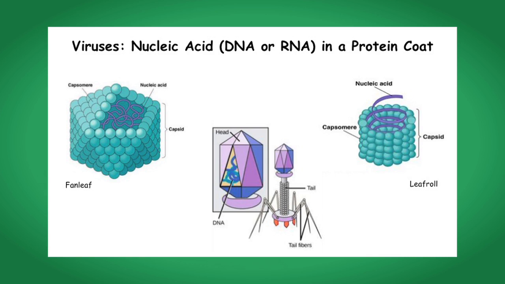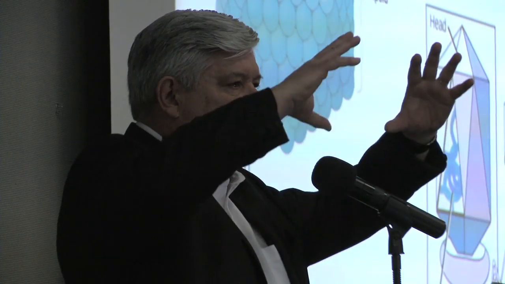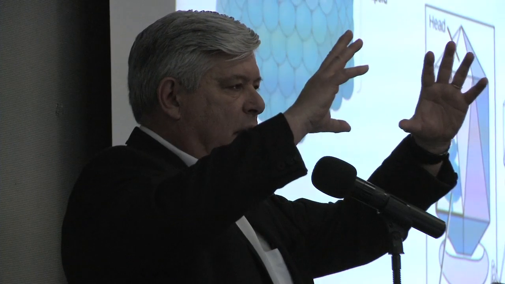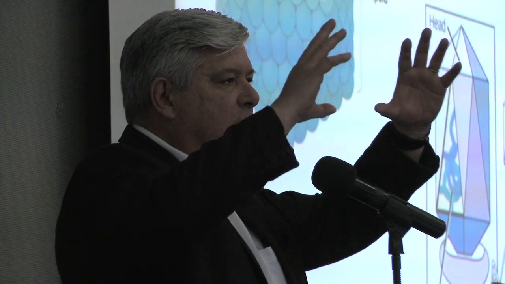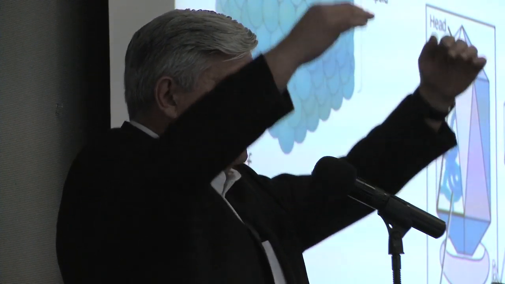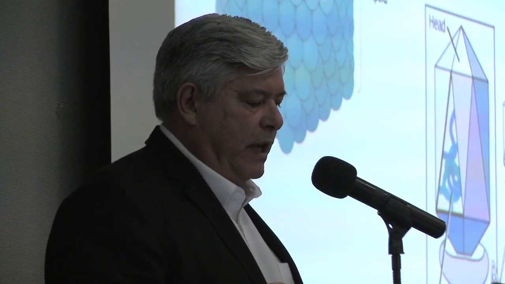And as I mentioned, they are very diverse in how they carry their genetic information, which is very key to them being able to survive after they infect a vine. Left again is fanleaf, and you see this icosahedral shape, so you can imagine roughly a basketball, and the ball inside contains the genetic information.